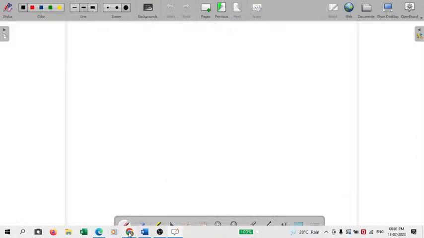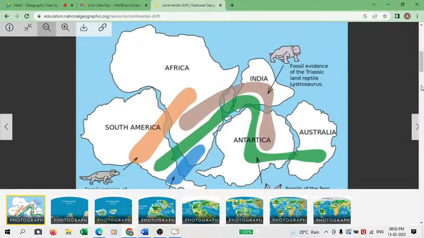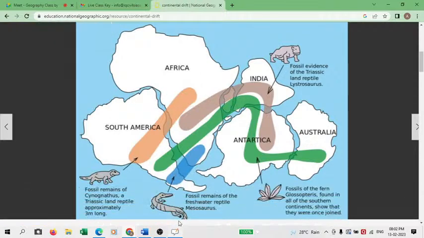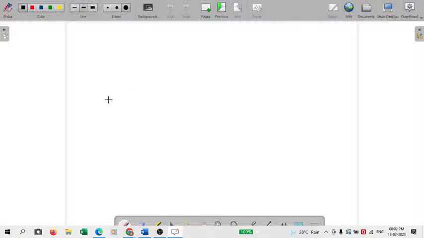Then what he said, if we come back to the diagram here, you see this fitment of South America and Africa? देख रहे हो फिटमेंट? अब फिटमेंट कैसे किया? What he said was that this is North America.